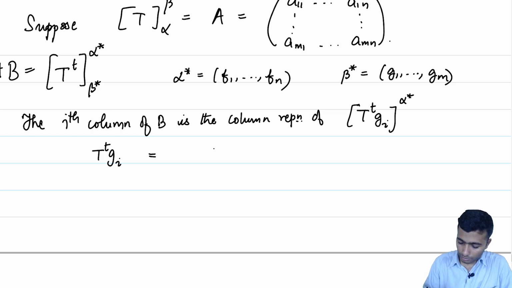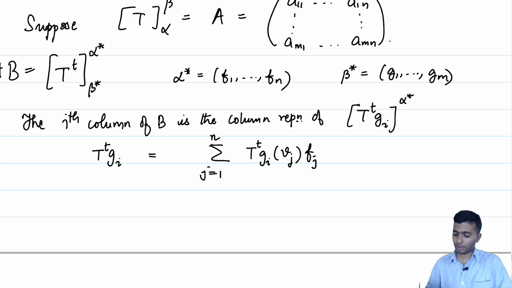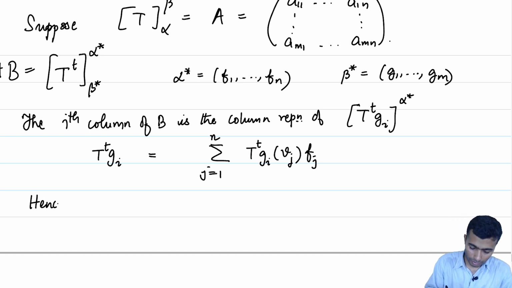This is equal to the summation where j goes from 1 to n of T transpose Gi of Vj times Fj, the n vectors. So what is T transpose Gi with respect to alpha star?